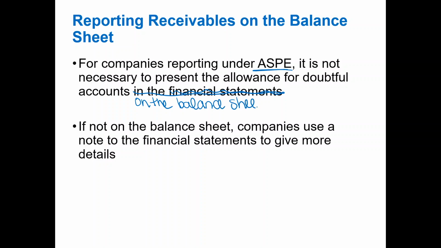So it's possible, instead of showing your full AR minus the allowance and getting the net on the balance sheet, you could just show the net amount. But if you do that, so if you don't show AFDA on the balance sheet, then the company must actually use a note, and that's where they would give the details of the accounts receivable.